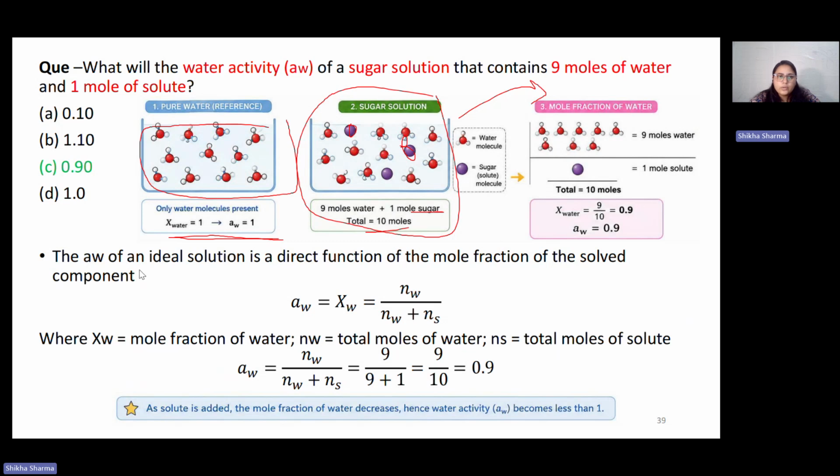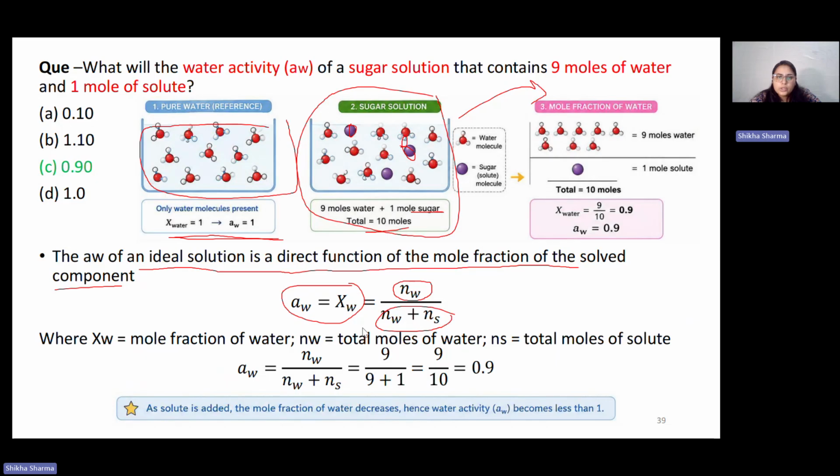The water activity of an ideal solution is a direct function of the mole fraction of the solved components. So the water activity is equal to the mole fraction, which is the moles of that particular component divided by the total moles, which is moles of the water plus moles of the solute.